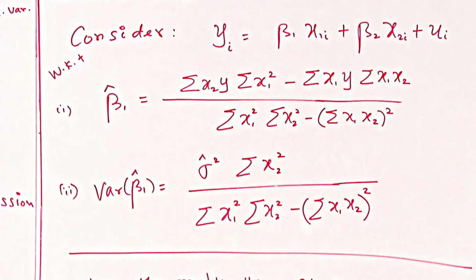Now, let us see the consequences of the multicollinearity problem. Consider a multiple linear regression model in its deviation form: small yi is equal to beta 1 x1i plus beta 2 x2i plus ui.